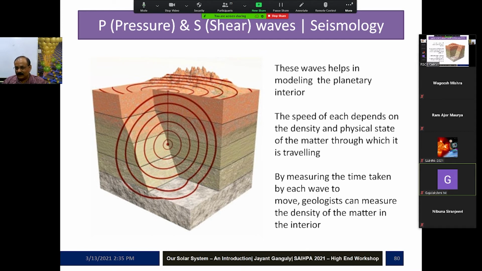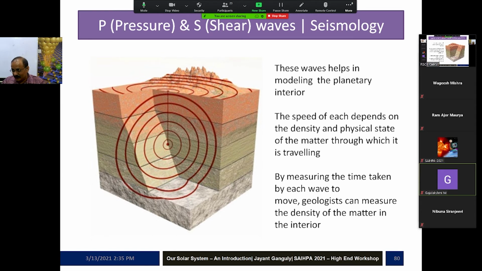These waves are created during an earthquake, or artificially, at a certain spot. They travel and either penetrate or get reflected based on the density of the material.